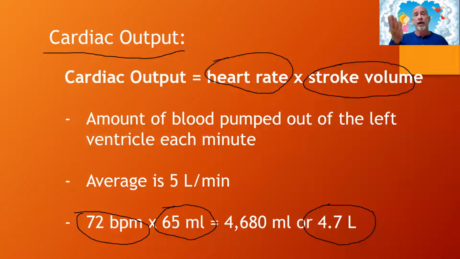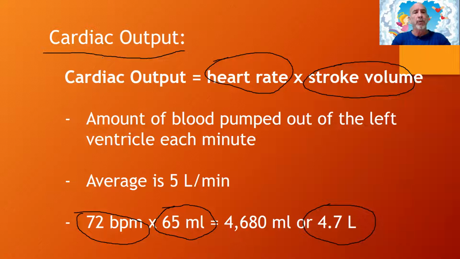So your cardiac output is going to be low. Now, the same is true if your heartbeat is low, but you do have a normal stroke volume. You have a normal amount of blood coming out of the heart, but your heart's going too slow. That also is going to drop your cardiac output.